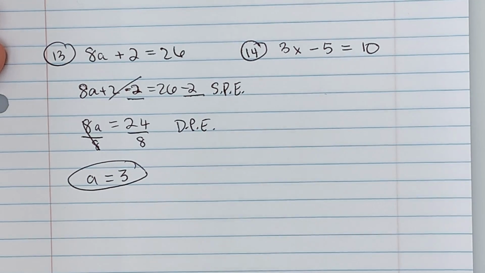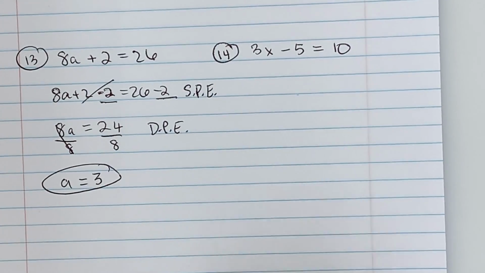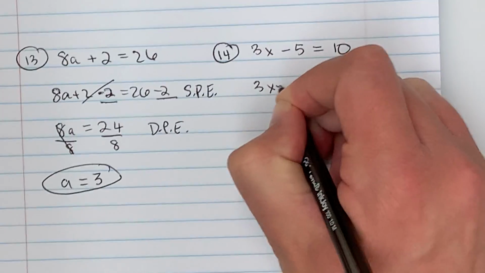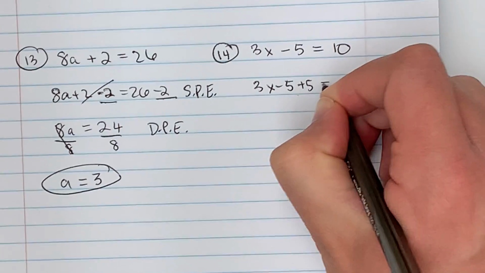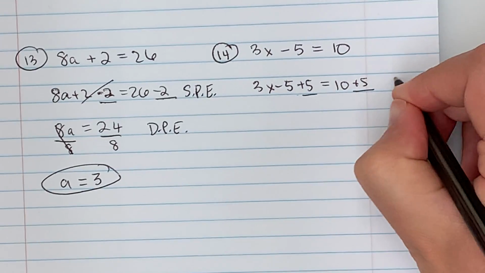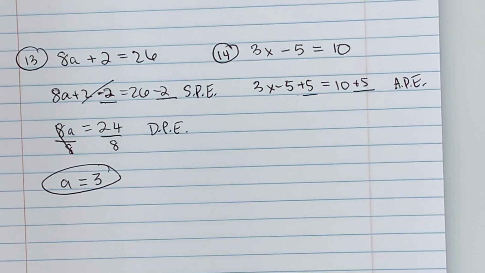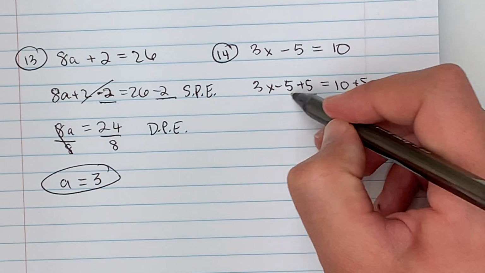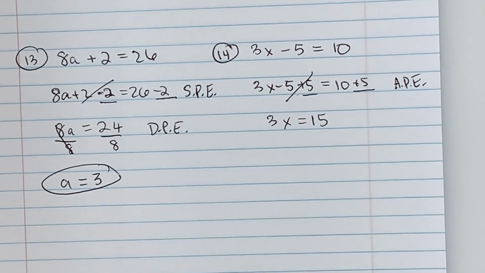All right, let's see. Hope you got that one right. Let's look at our next one. 3x minus 5, I'm going to bring that down. The opposite of minus 5 is plus 5. And that equals 10 plus 5, right? We added 5 to both sides, so there's our addition property of equality, APE. Our 5's cancel out. We get 3x equals 15.